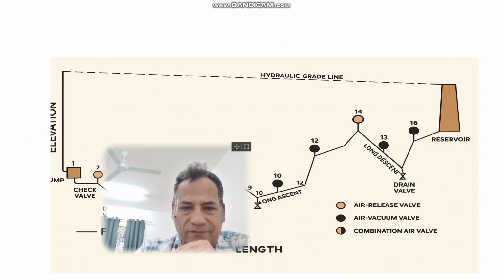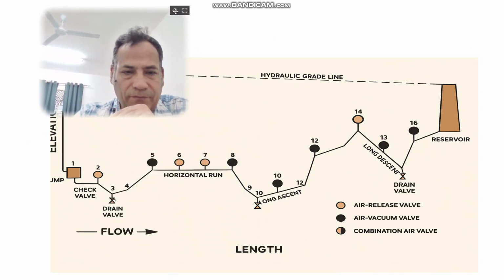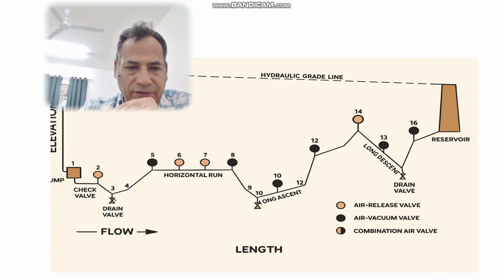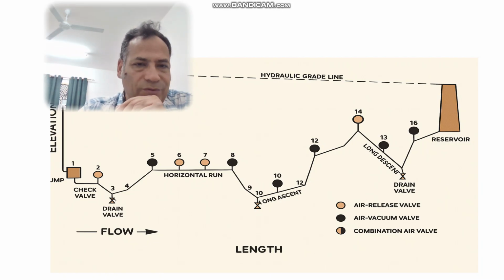Here, if we come back to the previous picture, you can see this is number 2. Number 2 is an air release valve. We need to install this as per the standard and engineering manual recommendation.